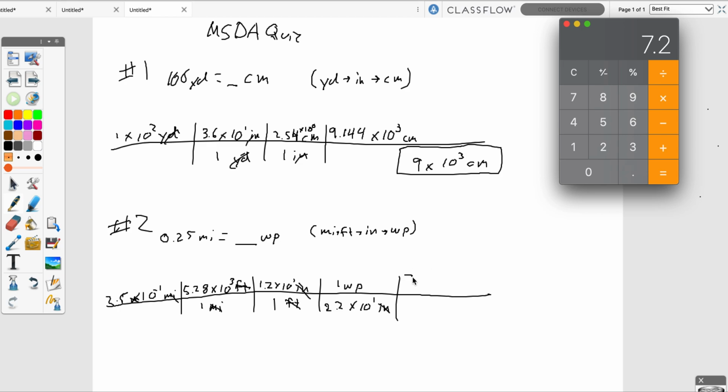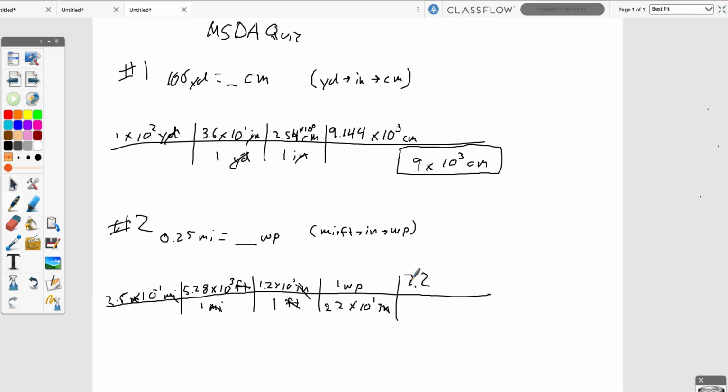This is going to give me 7.2. Okay, 7.2, but then we got to do all this math up here. So we got our exponents, right? So there's a -1, there's a 3, there's a 1, and then down here there's a 1, but when we divide, we have to subtract. So we're going to have to bring that guy up here and make it a minus, right? So we have -1, and that makes this 3, so that makes it 2 overall, and then we add a 1, so that makes it 3, and then we subtract a 1, that makes it 2 again.